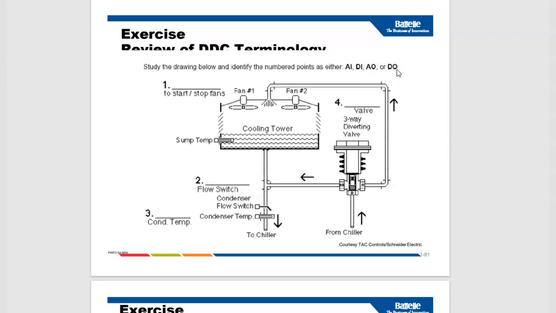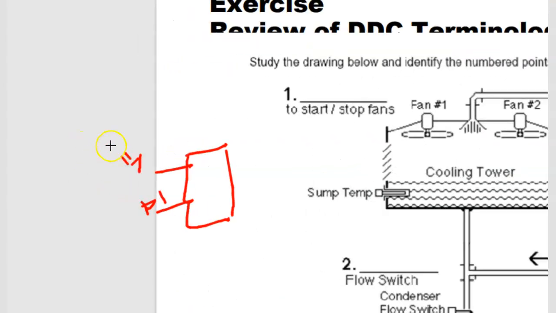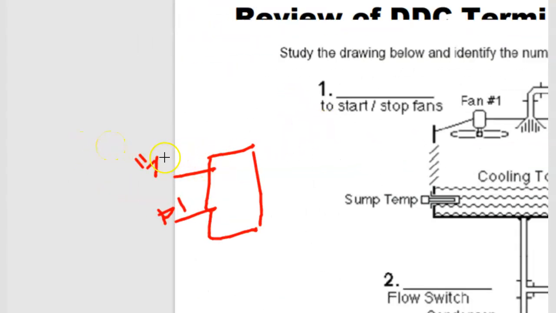Basically, when we have a controller, perhaps a microcontroller like Arduino, you could have analog input or digital input, DI or AI, or you could have AO and DO.